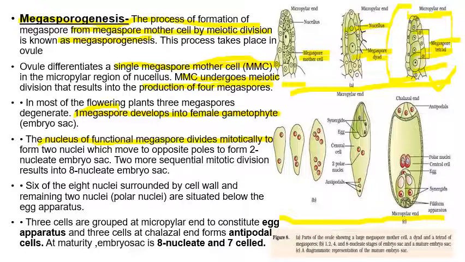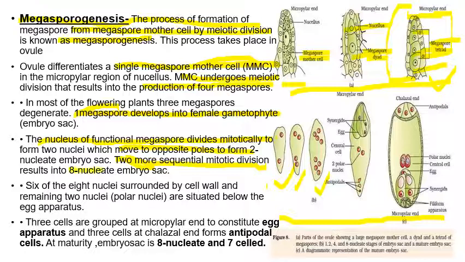There was only one nucleus formed by the monospore; now it divides mitotically. In the first diagram you can see two nuclei, in the second diagram four nuclei, and in the third diagram eight nuclei. All these nuclei move to opposite poles, and two more sequential divisions finally form an 8-nucleate structure.